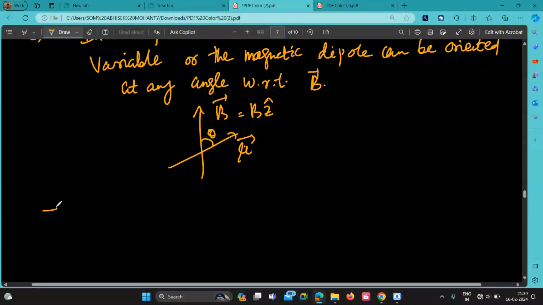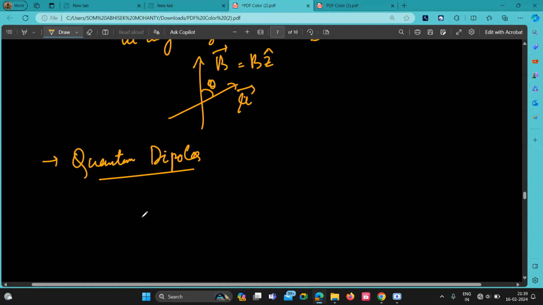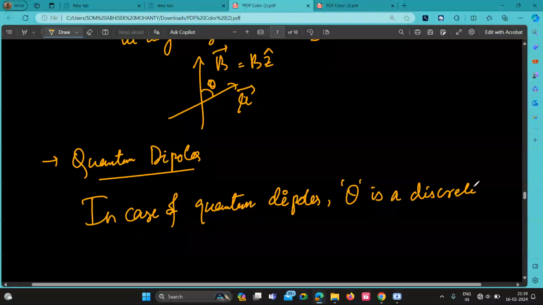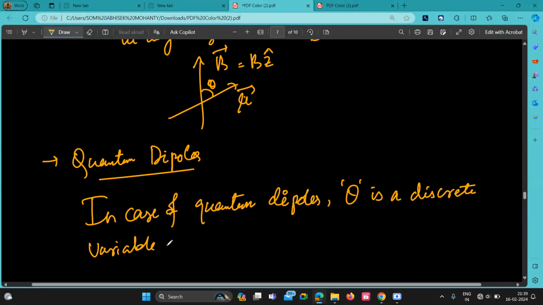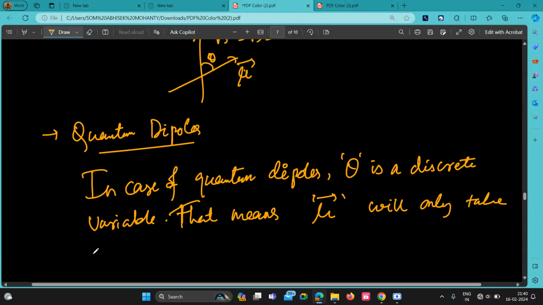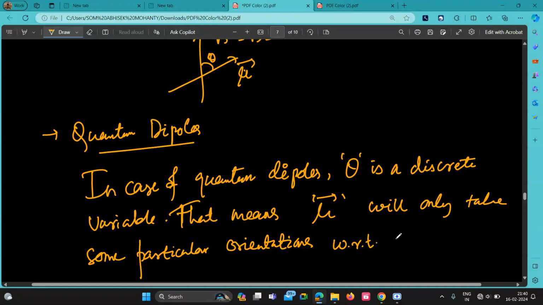What happens in case of quantum dipole? In case of quantum dipoles, theta is a discrete variable, that means mu will only take some particular orientations with respect to the magnetic field.